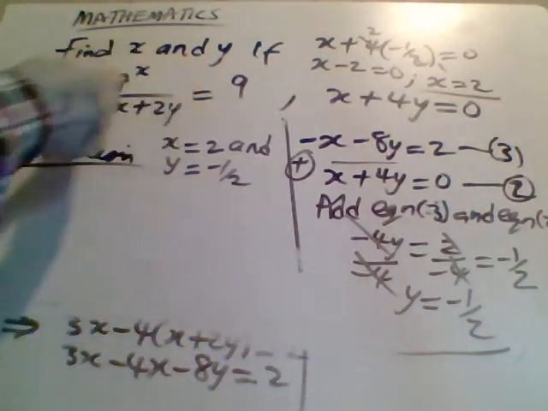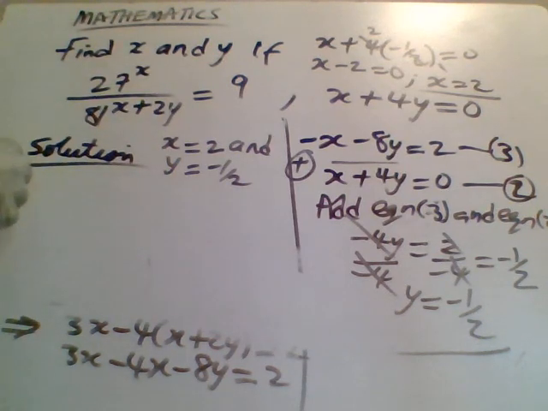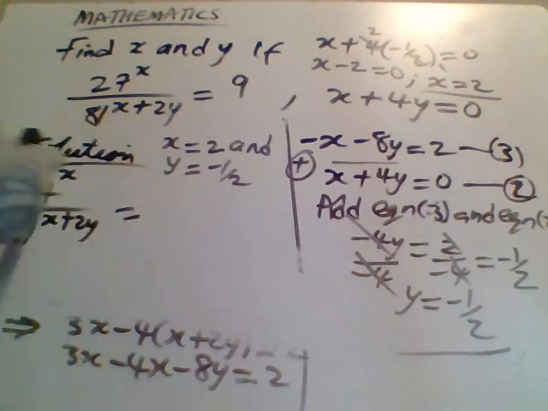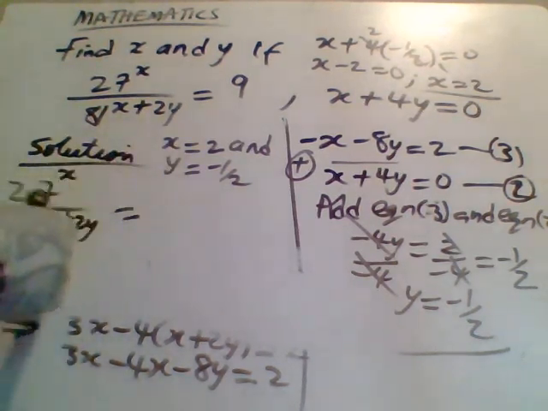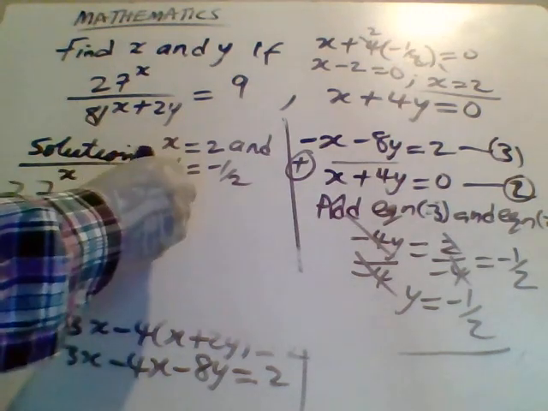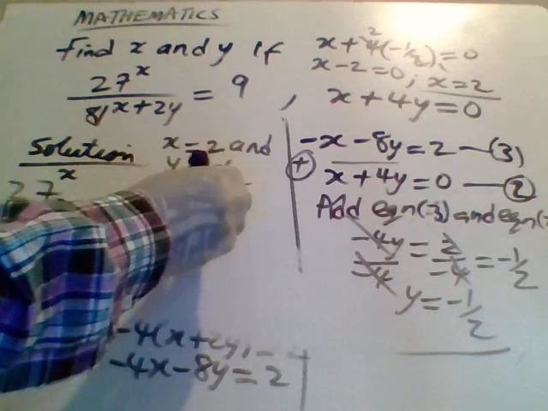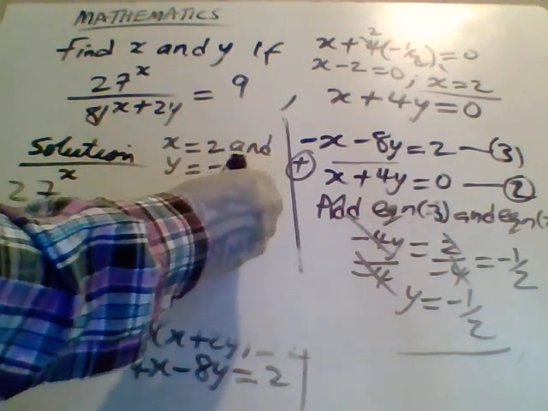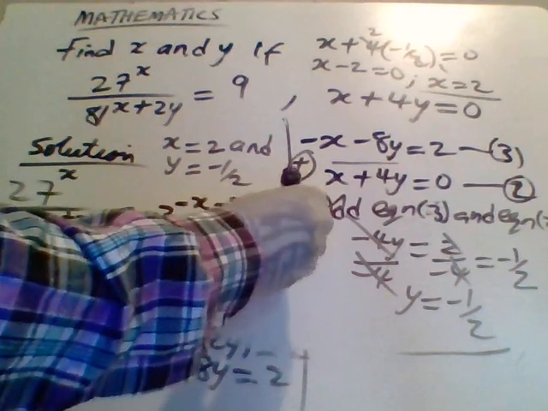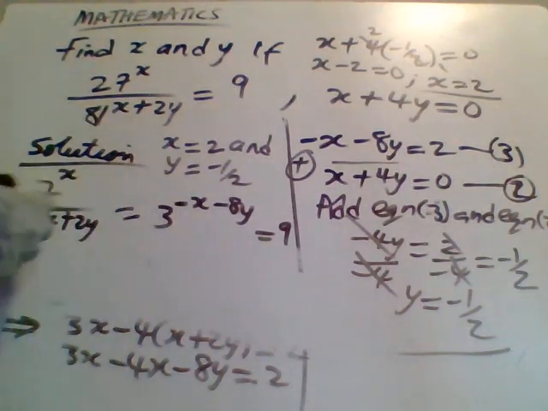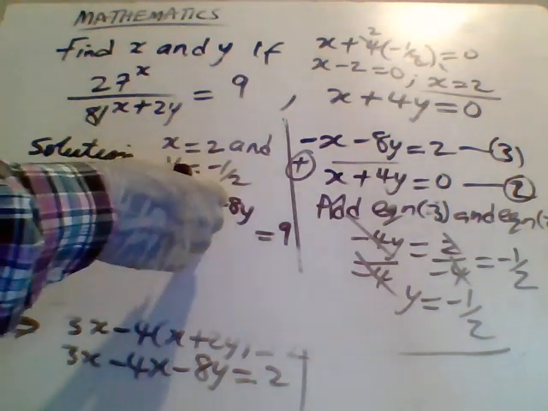So 27 to the power of x divided by 81 to the power x plus 2y is equal to 3 to the power of this value here, minus x minus 8y, and then it's equal to 9. So we simplify all of this.